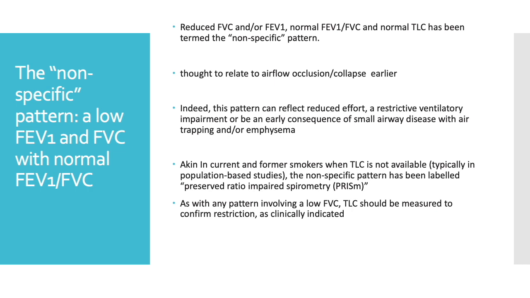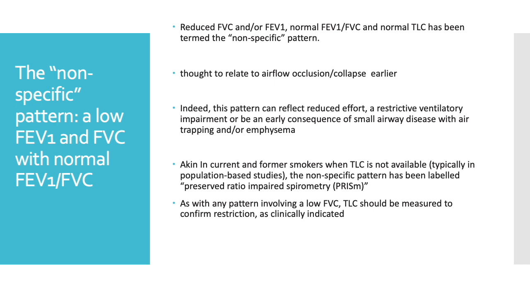It may be because of the patient's own effort, and so here the flow volume curve will change. We'll be looking at this example later, but this flow reduction can cause a change in the flow volume curve which becomes more concave, and your volume time curve also helps to differentiate whether the patient was giving a good effort or not.